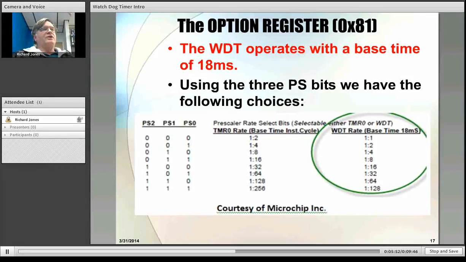Now, the watchdog timer operates with a base time of 18 milliseconds. It does not work off of the instruction cycle time that is set by the resonator. It is controlled by an internal RC network. This internal RC network is always powered up, even when the system is asleep. It uses a little bit of power, but not much. If the PSA is assigned to the watchdog timer, then we have these ratios on the right.